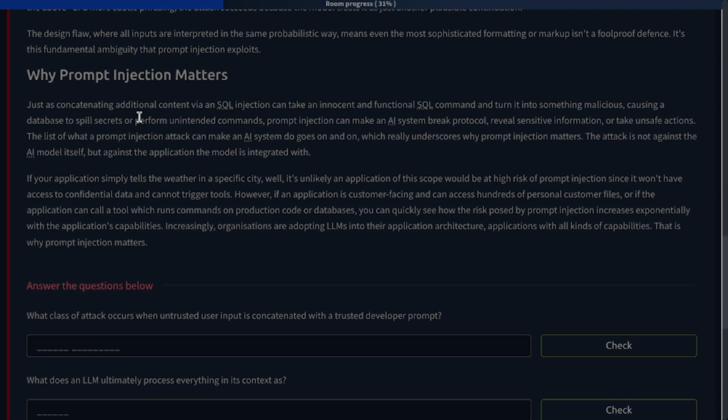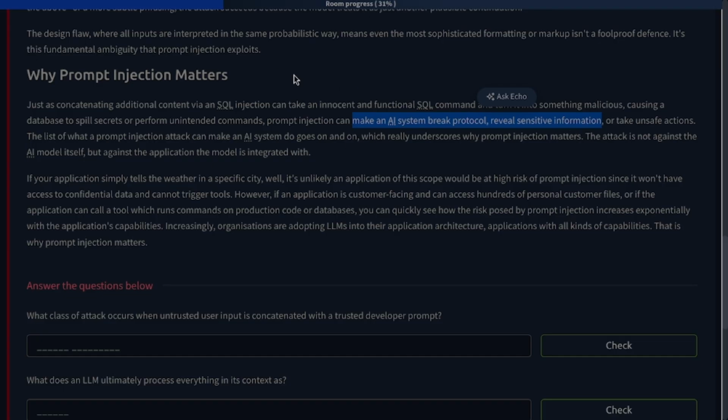So why prompt injection matters: just as SQL injection in most modern web applications can take an innocent and functional SQL command and turn it into something really malicious, causing a database to spill its secrets or perform unintended commands, it's quite similar in prompt injection, where an AI system can break protocol, reveal sensitive information, or take unsafe action.